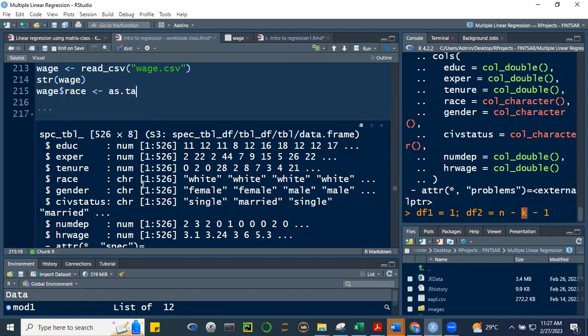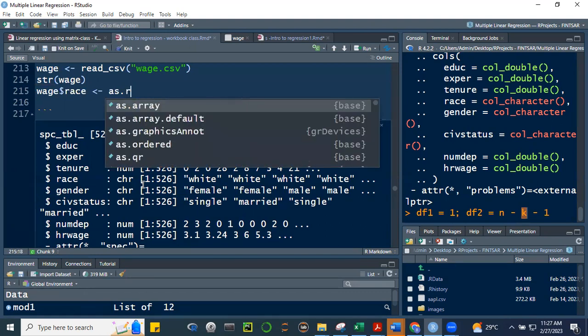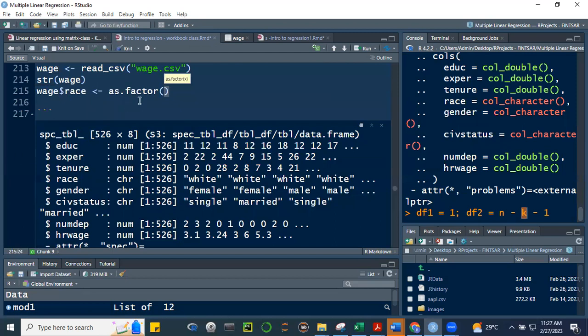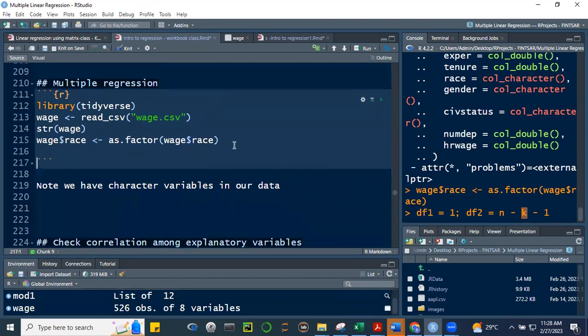As factor, no? As factor. There. So sinasabi natin yung race, the variable from wage, should be converted as factor. So wage$race. Okay? So Control Enter. All right, and then we do the same for the others.